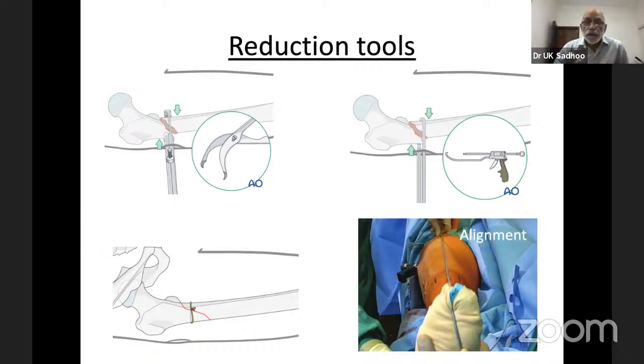Anytime you are doing a nail, the alignment is a crucial point, because the two fragments are independent. They can go into any sort of rotation deformity, and once the patient wakes up and you remove the drapes, you may find the foot in a very awkward external or internal rotation.